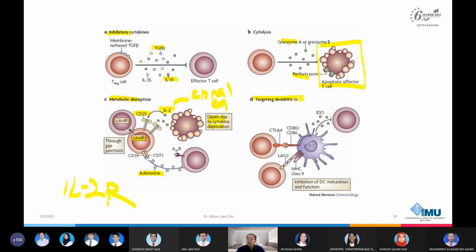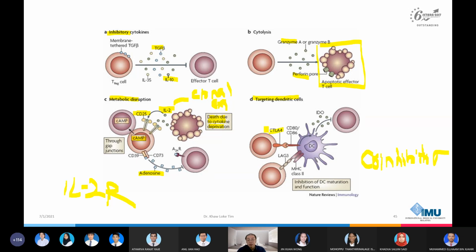They can even target dendritic cells directly. How? Still remember you have co-stimulators, right? But you actually have another type of receptors known as co-inhibitors. These are just extra information.